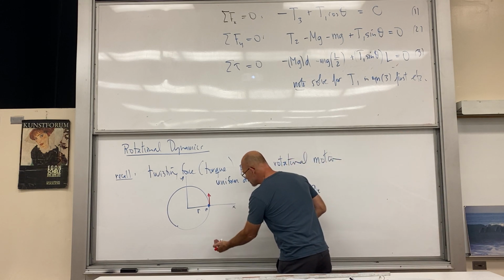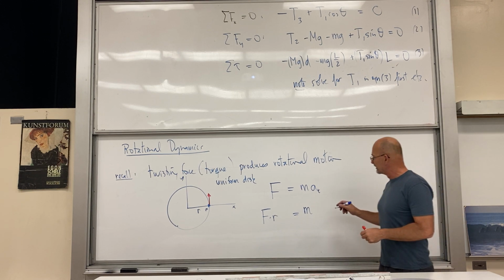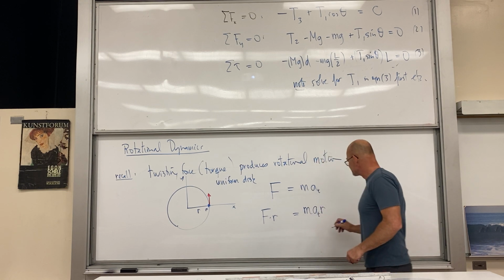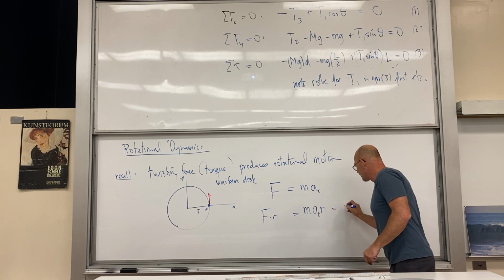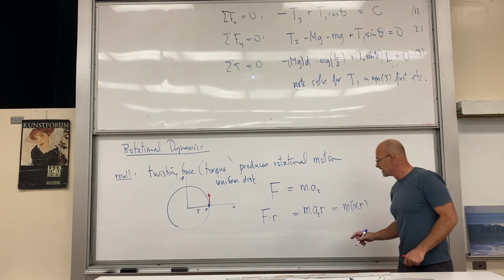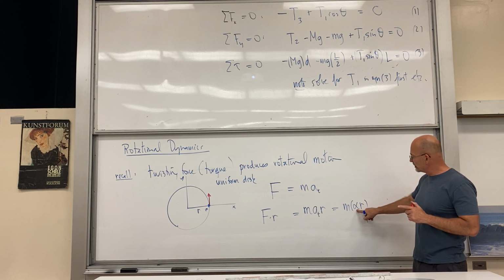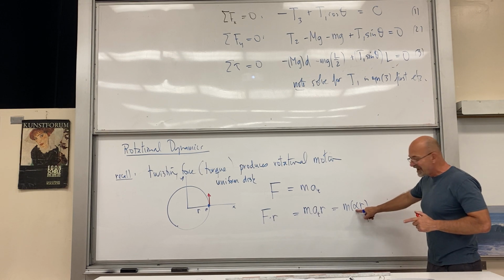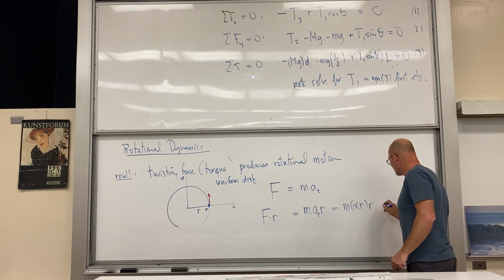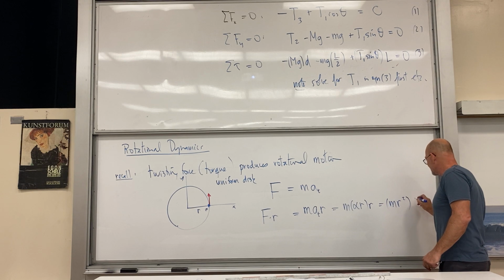I'm talking about the acceleration in the direction of the red vector for that instant in time. Okay. So m a tangential times r, but we know that a tangential is alpha r, because we're spinning the disk up, and that's the angular acceleration. So there's my substitution, times r, is equal to m r squared, I'll put parentheses around that, times alpha.